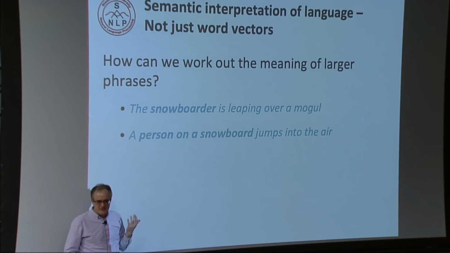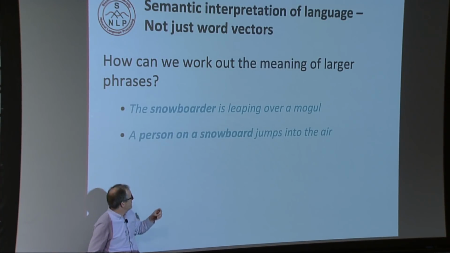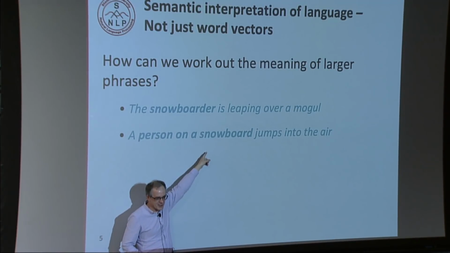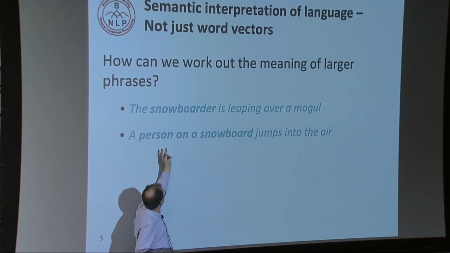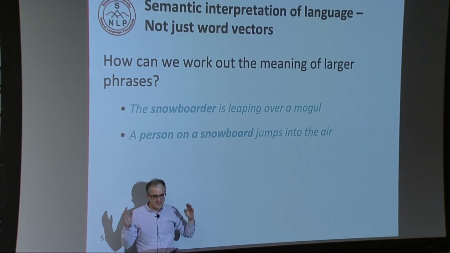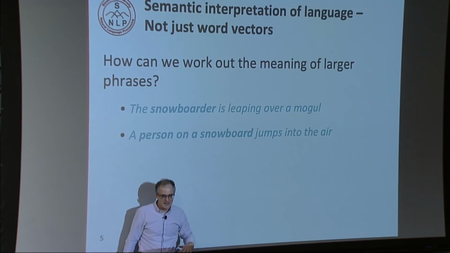It seems like the only possible answer is what's normally referred to as the principle of compositionality: people know the word person, they know the word on, they know the word snowboard, therefore they can work out what on a snowboard means, and they can work out what person on a snowboard means by knowing the meanings of components and putting them together into bigger pieces.